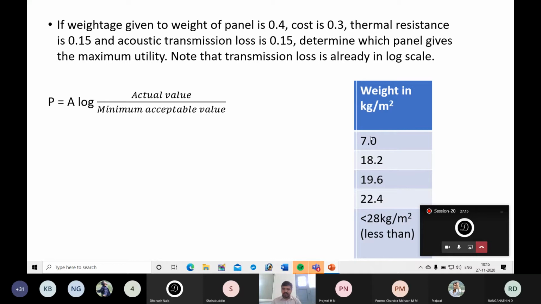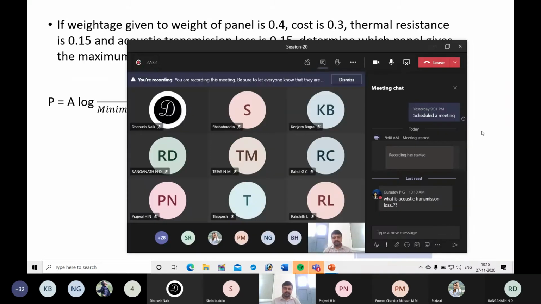So here, for weight, for which one can you assign the highest value? For which one can you assign 10? 22.4. So for weight, whether it should be less or more?